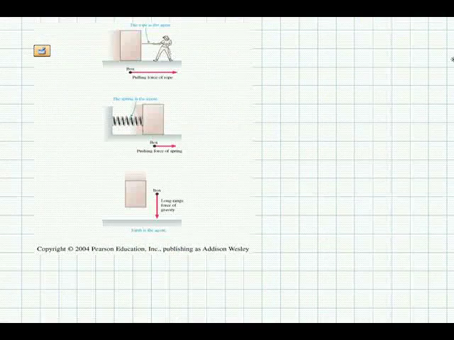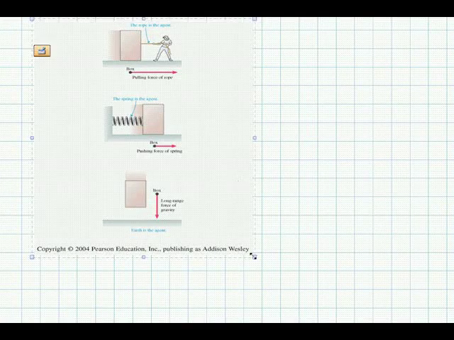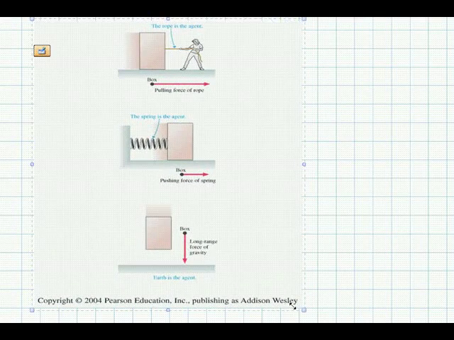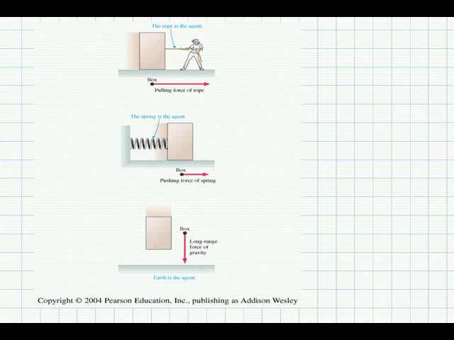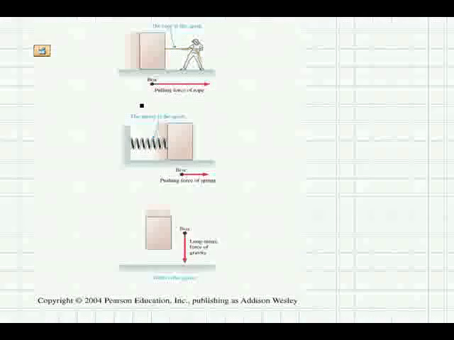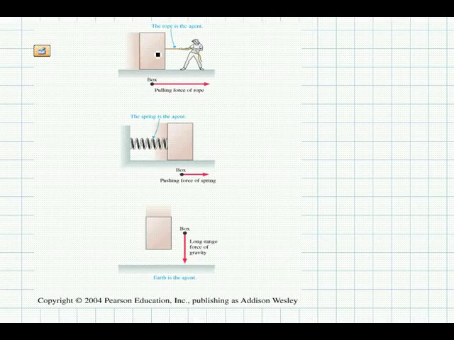Okay, let's go back to talking about forces and the types of forces. We normally associate a force with a push or a pull, and that's exactly what it is. Here in the top figure, we have Jane pulling on a rope which is attached to a block, and this pulling of the rope exerts a force onto the block.